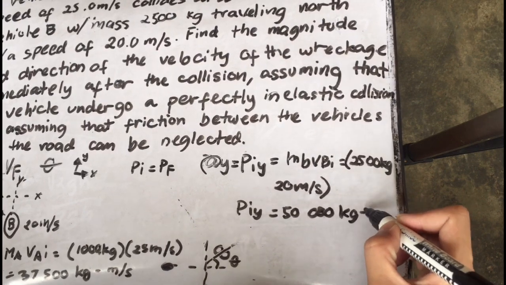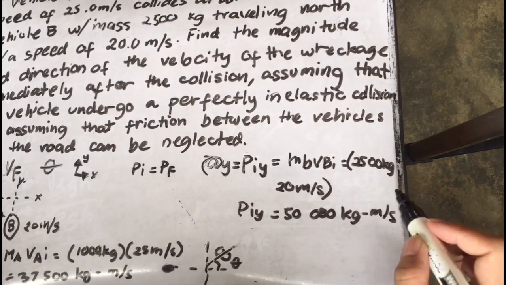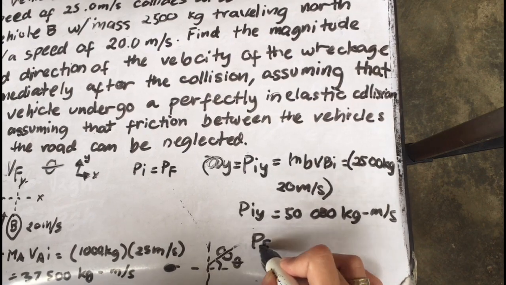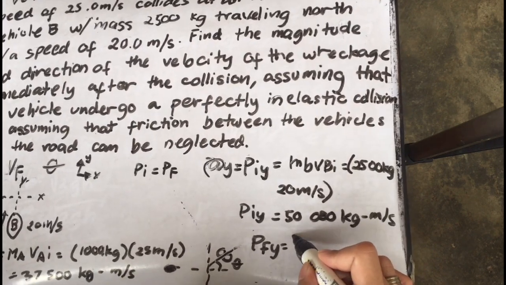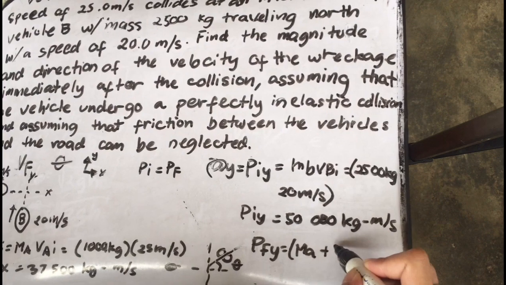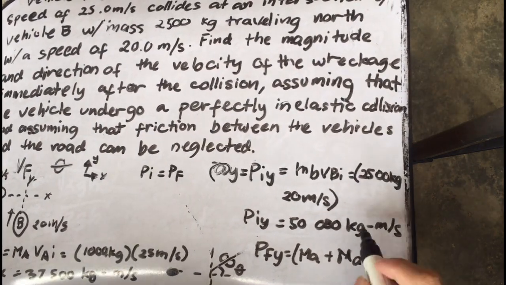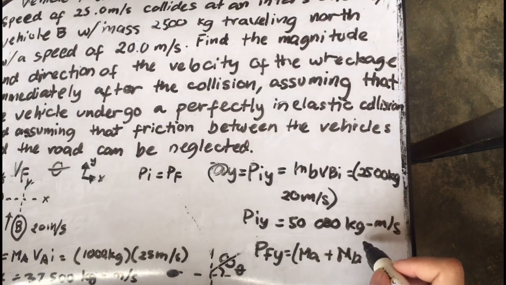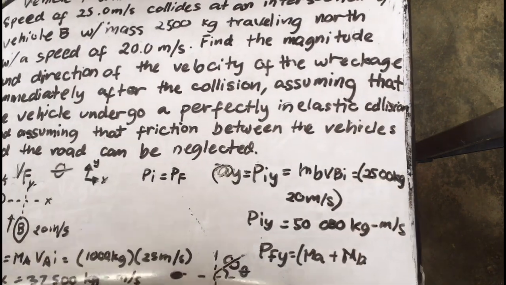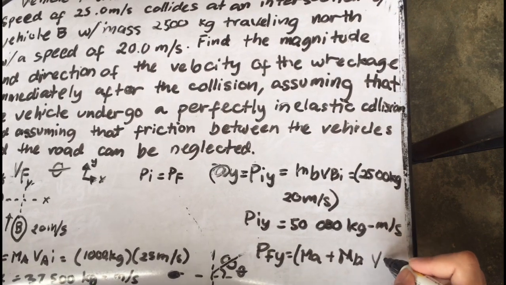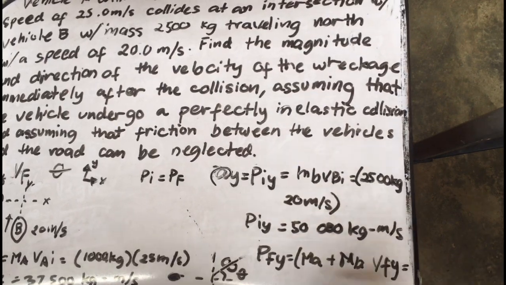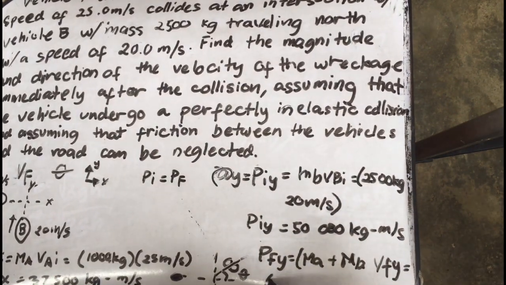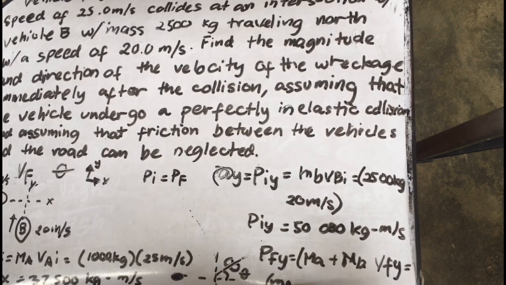So, P sub i sa ating y ay 50,000 kilogram meters per second. Ang ating P final sa ating y ay by calculating mass A plus mass B times V sub F y equals yan sa mass A plus mass B.